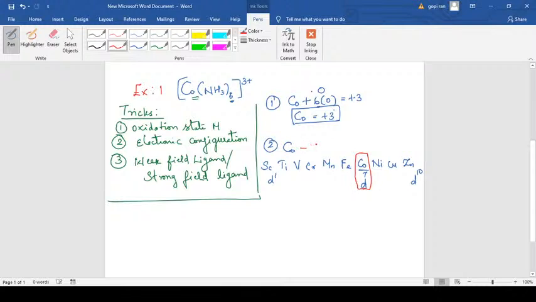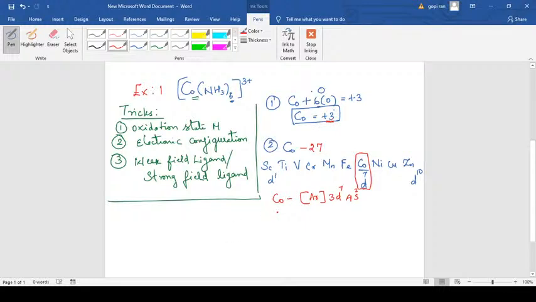Actually, the atomic number of cobalt is 27. So how to write the electronic configuration? Cobalt: argon 18 plus 3d7 4s2. The oxidation state, as I mentioned earlier, is plus 3.